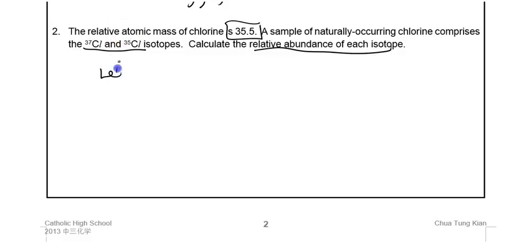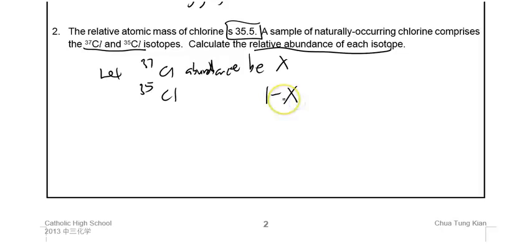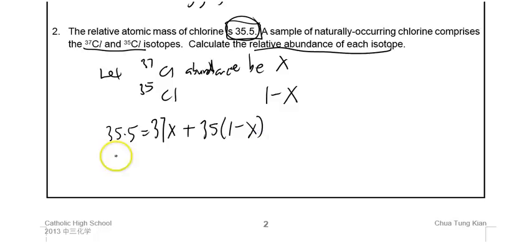So let's let the chlorine 37 abundance be X. Which means that for chlorine 35, the relative abundance would be 1 minus X. So given that the AR is 35.5, 35.5 will be equal to X times 37 plus 35 times 1 minus X. And solving, I will have X equals 0.25.